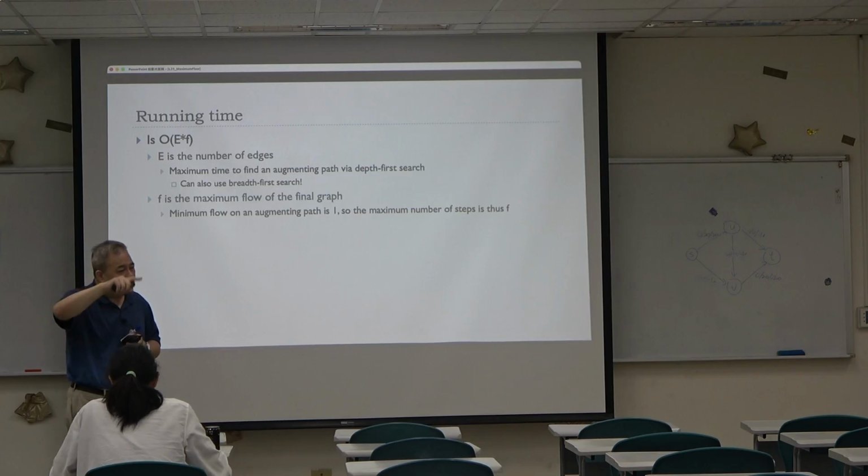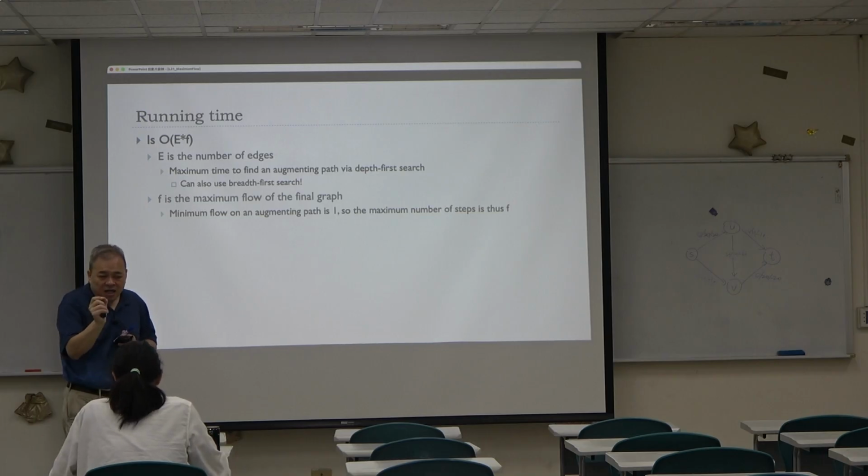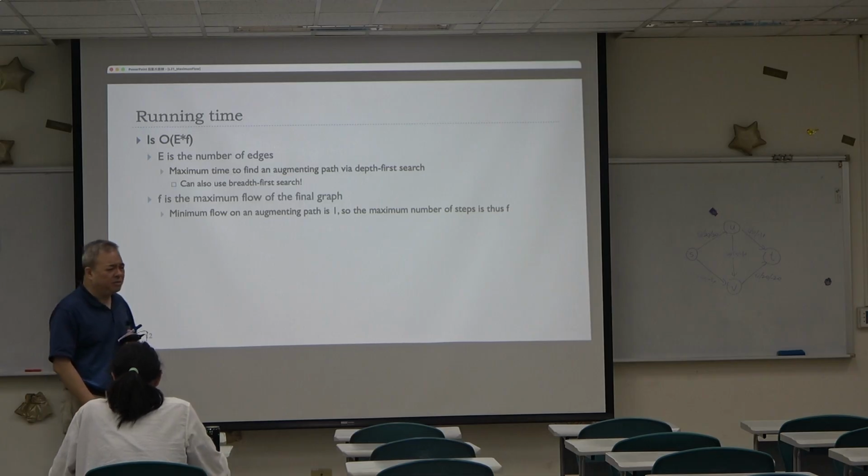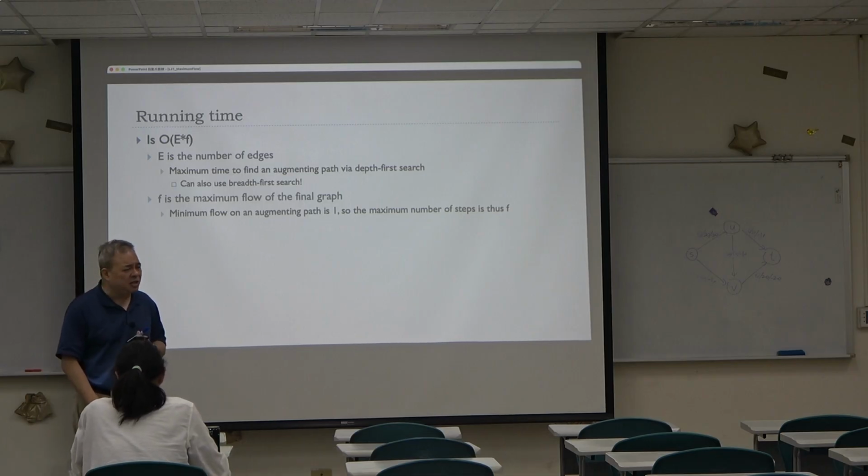Okay, but how many times are you going to run this depth of search? It depends on how much you can utilize this. So you may say, oh, then what if we need to run this F number of times? It sounds stupid, right?